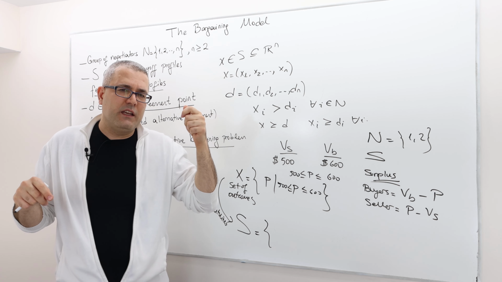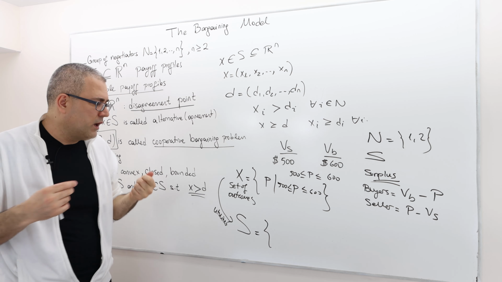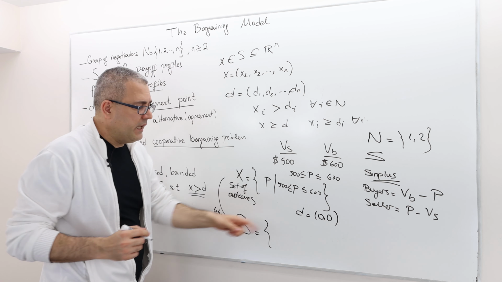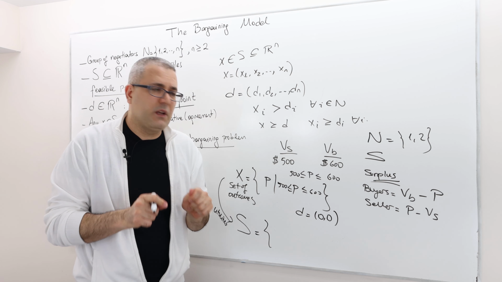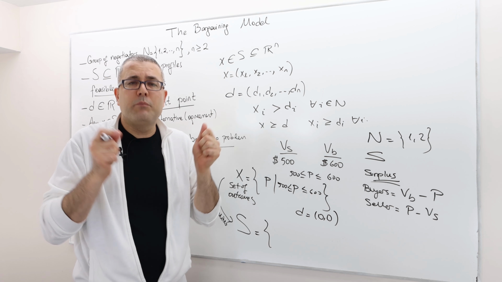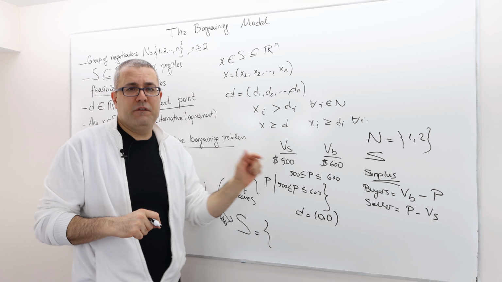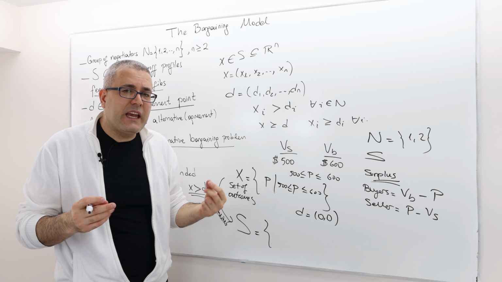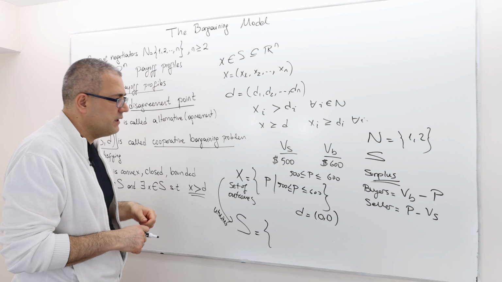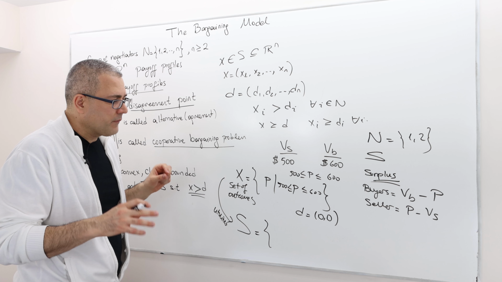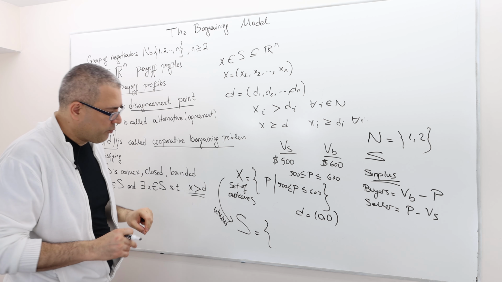So D, which is 0-0, means nobody receives any surplus. So that's one potential alternative. It's feasible, and it basically indicates that there's no trade between this buyer and the seller. Now I'm going to come to the feasible payoff profiles.